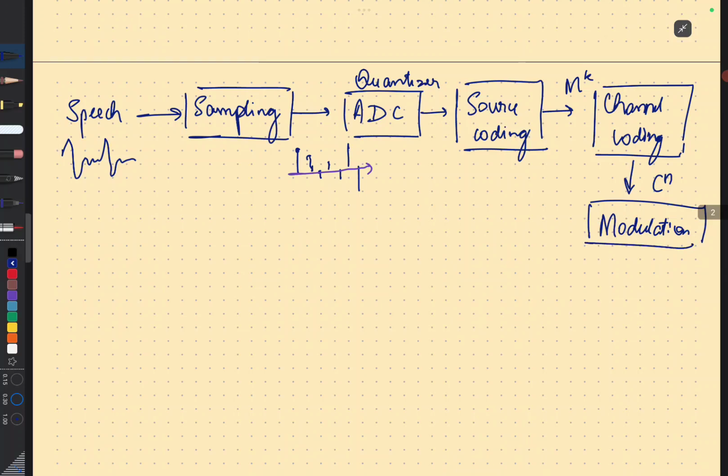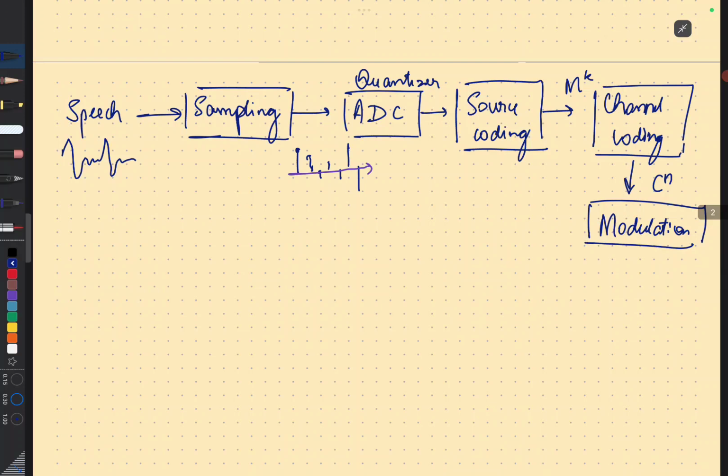This modulation block itself encompasses multiple sub-blocks, but the goal of modulation is to take this sequence and convert it to a form which can be transmitted over the physical medium. All right, I'm going to put all of those together into this single modulation block.